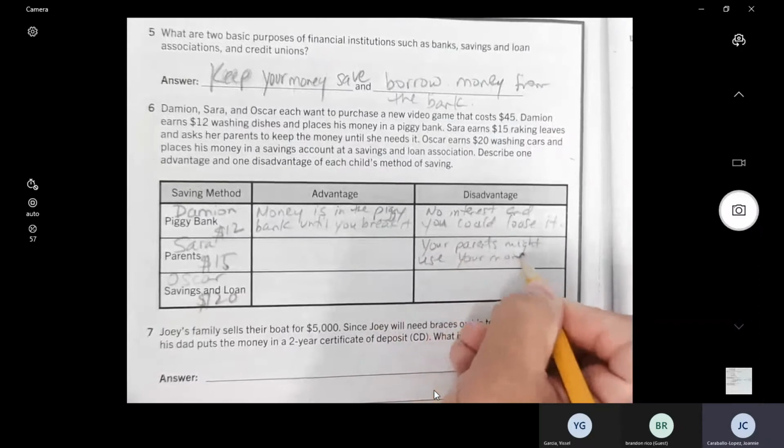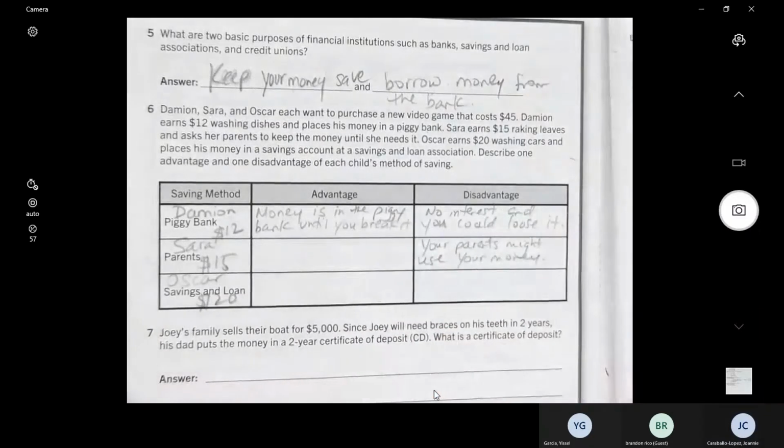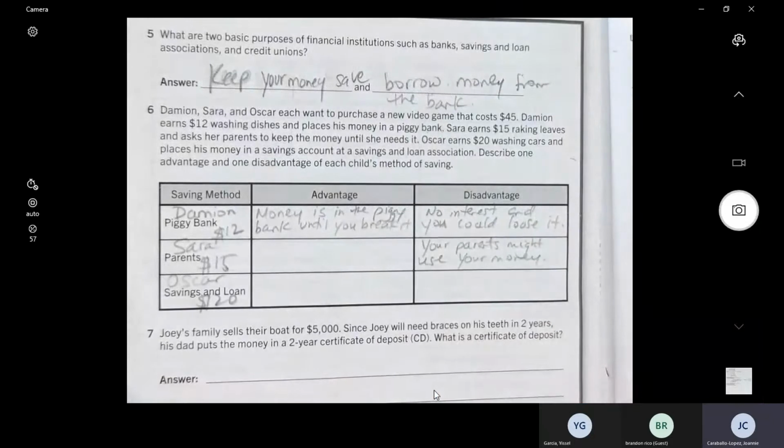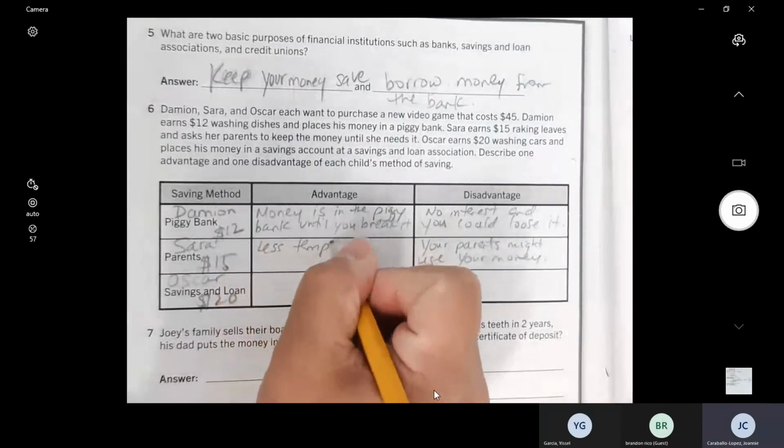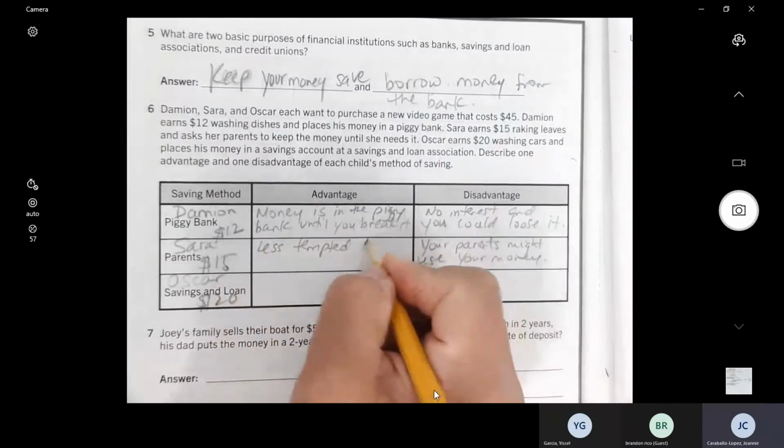What's an advantage? Yes. They will probably put it in a bank to save it for you. Okay, but what's another way? So we can say that you are less tempted to spend the money because you have to ask for permission, right?